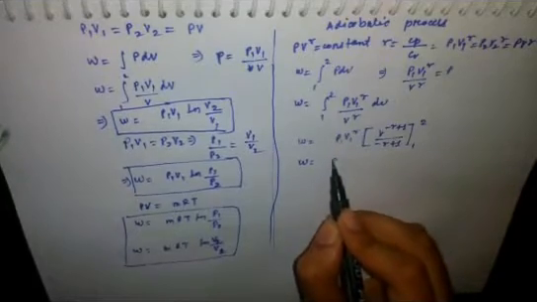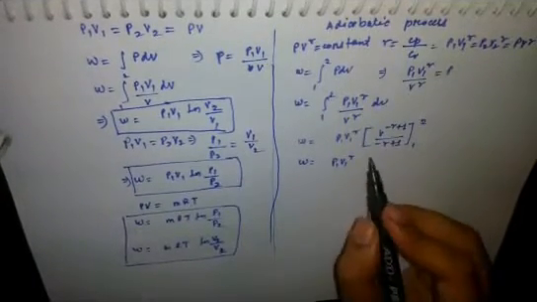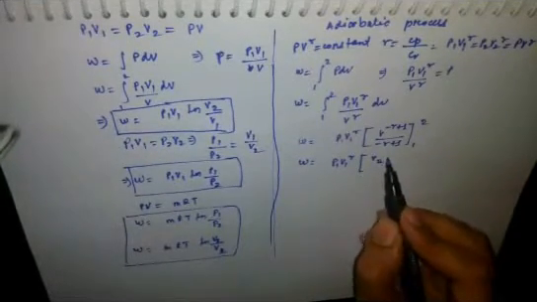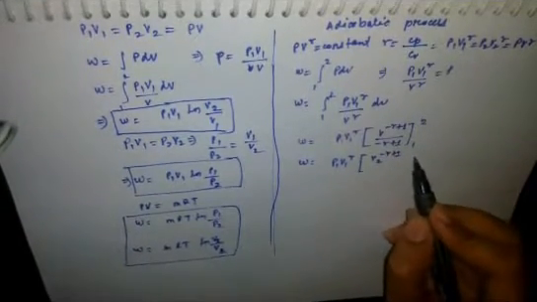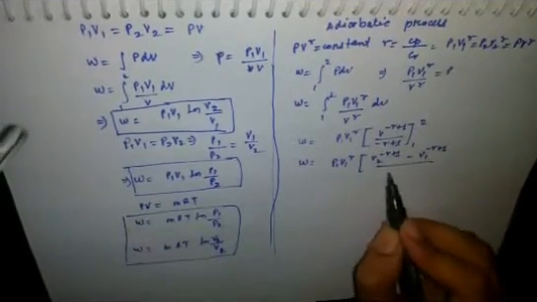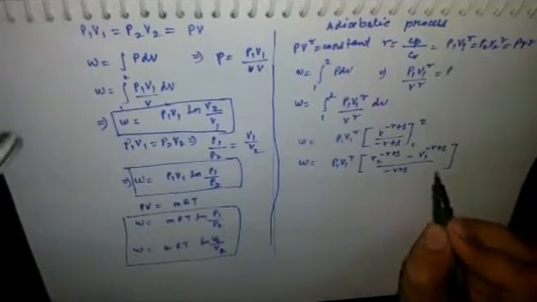W will be P1 V1 to the power gamma, we will be getting V2 to the power minus gamma plus 1 minus V1 to the power minus gamma plus 1, upon minus gamma plus 1.